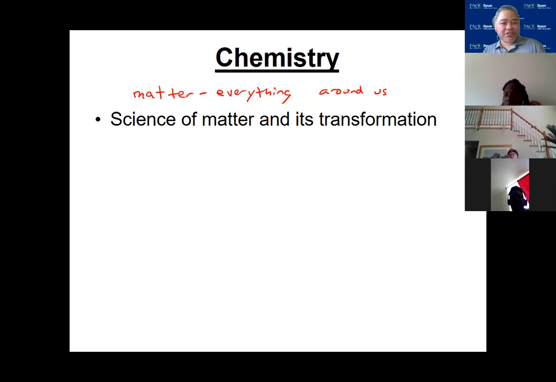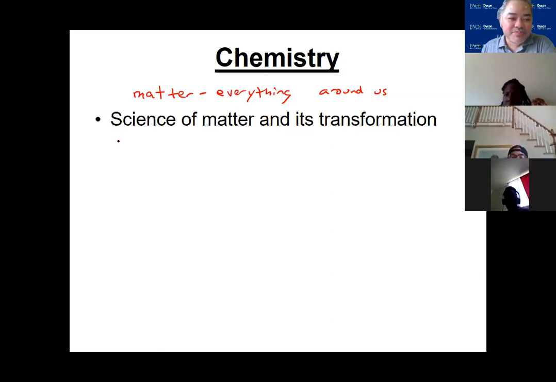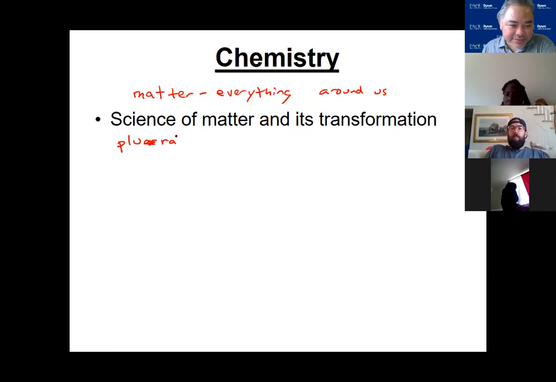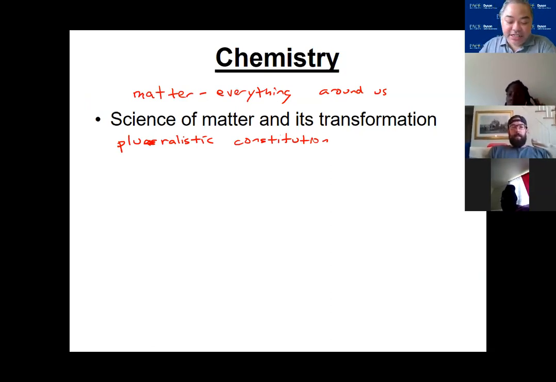But if you look at the history, we could say that chemistry as a science has a pluralistic constitution, that can be characterized along epistemological, ontological, methodological, and axiological dimensions.